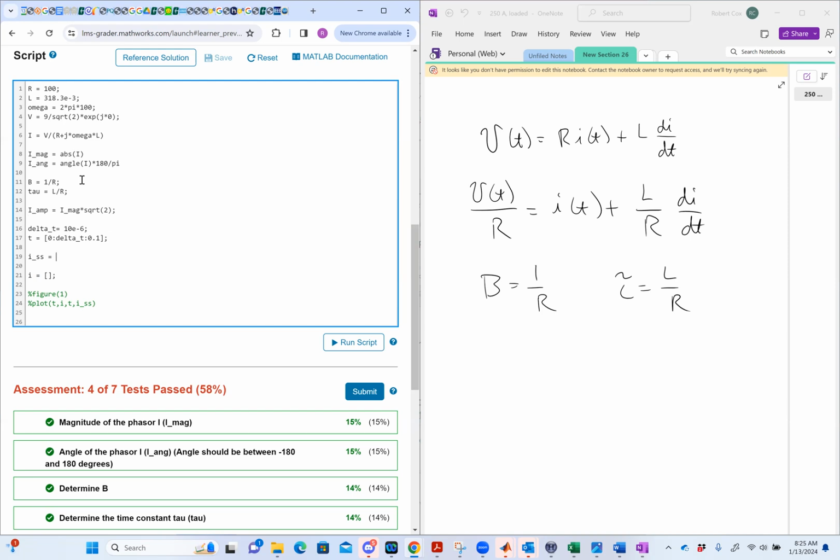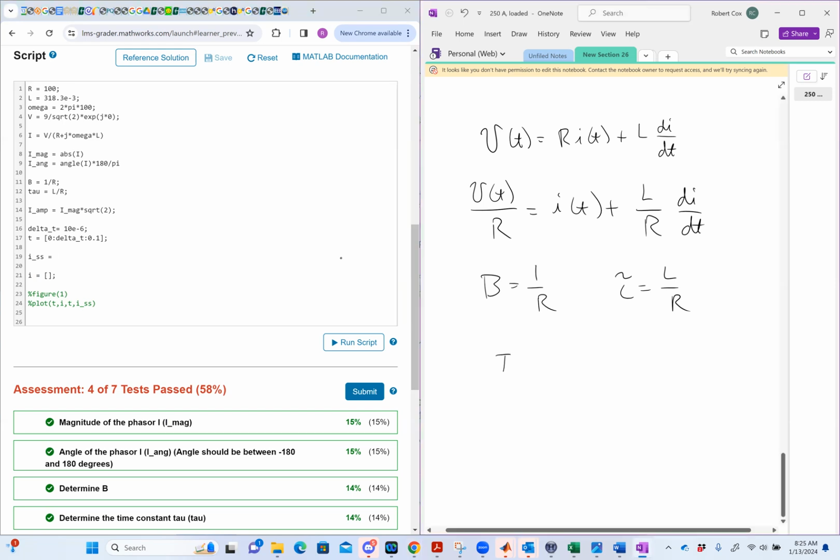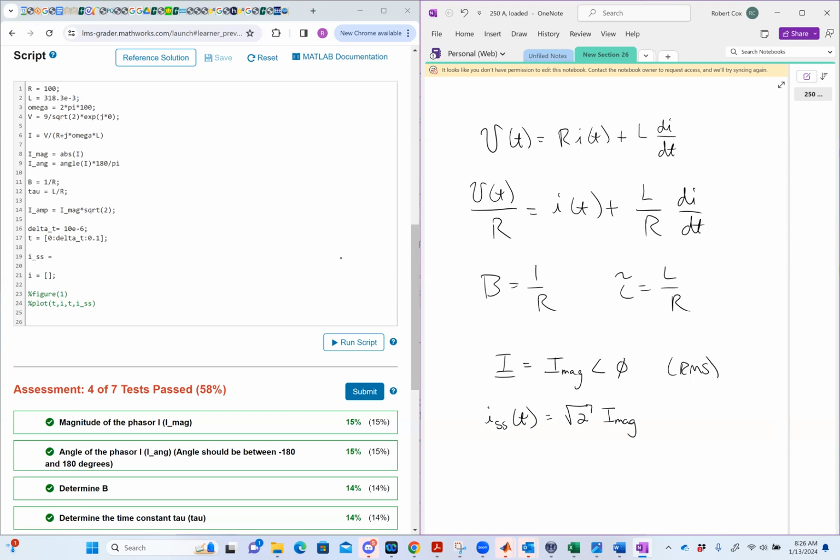Going down here to I steady state, if I had this vector equal to I mag angle phi, the actual steady state current that would represent, if I do the conversion, would be the square root of 2 times I mag, where this is RMS here. Then I convert that to the time domain: cosine omega t plus whatever phi is. So that's what I'm going to write here.